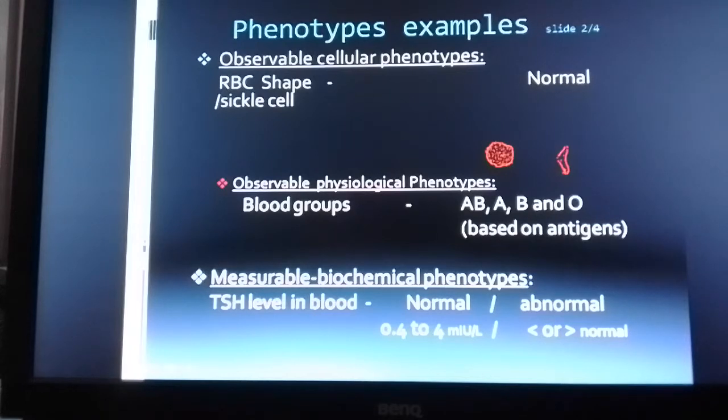You see here the appearance, the crescent shaped, sickle shaped RBC. So now this is one phenotype. Circular shape is a phenotype, crescent shape is a phenotype, sickle shape is a phenotype.